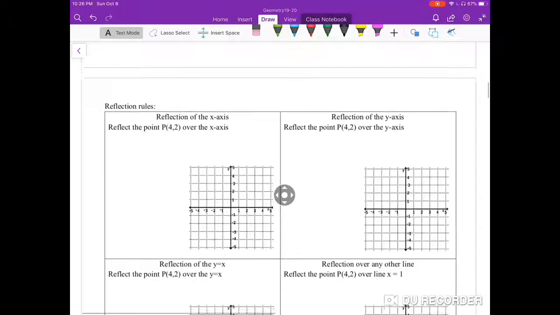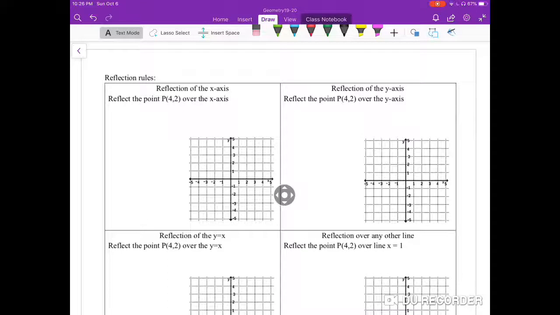So let's talk about how we actually perform reflections. First, let's reflect the point 4, 2 over the x-axis. I'm going to plot the point P as 4, 2. Again, we're reflecting over the x-axis. I'm just going to highlight it here so you can see a little bit better. The first way that I teach people how to do reflections is just to count.